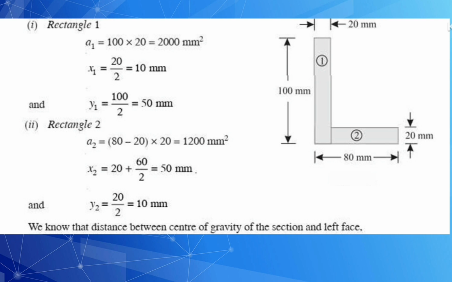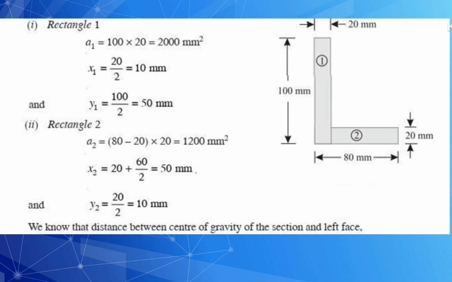Next, for rectangle 2, A2 is equal to 80 minus 20 into 20, which is equal to 1200 millimeters square. X2 is equal to 20 plus 60 by 2, which is equal to 50 millimeters. And Y2 is equal to 20 by 2, which is equal to 10 millimeters.